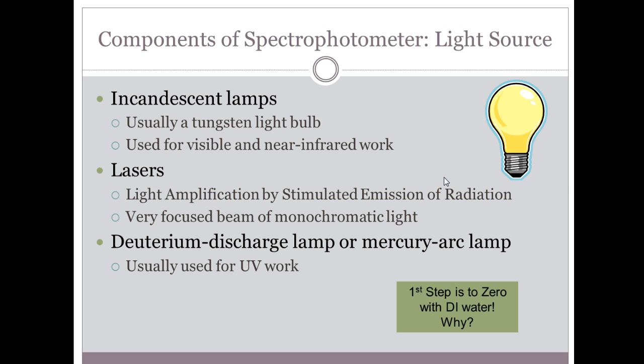It's usually incandescent lamps, a tungsten light bulb per se. Sometimes there's lasers if you're getting really particular and using some type of research work and things like that. And a deuterium discharge lamp can be used for UV work. Nothing I've ever experienced. So the first step is to zero our spectrophotometer with deionized water. The reason we would use water is to tell it that this is 100% transmittance.